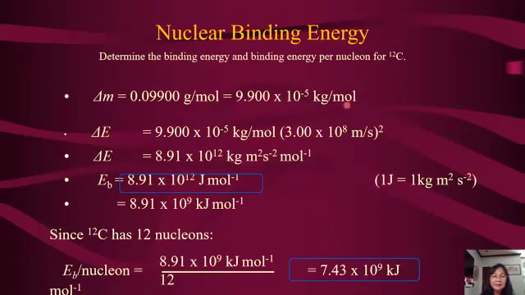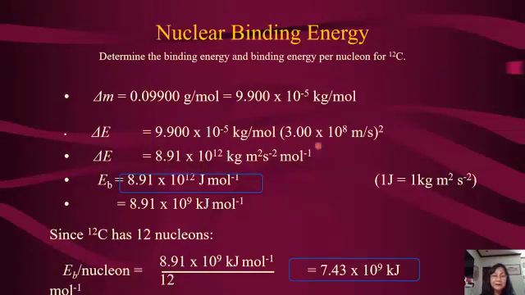Look at this. It has to be converted into kilograms because 1 joule of energy is equivalent to 1 kilogram meter squared per second squared. The square of the velocity is meter squared per second squared, so the mass has to be converted into kilograms.